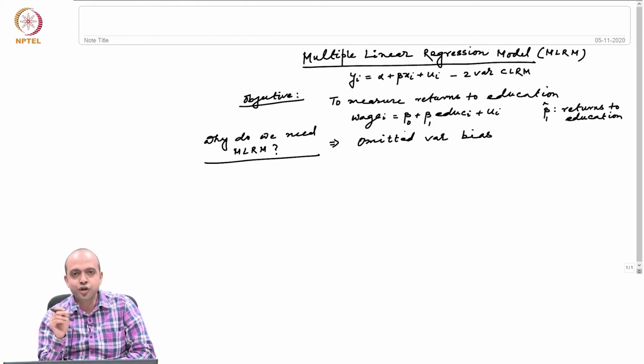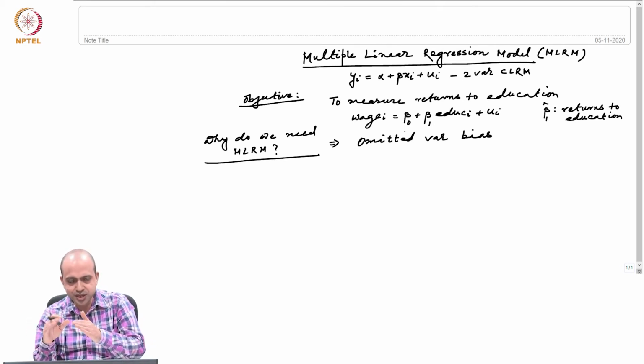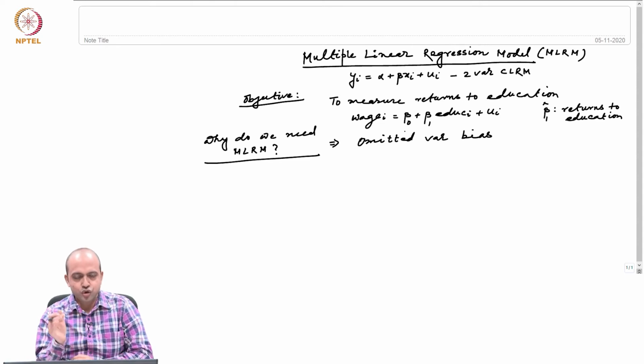For example, if the scientist's objective is to estimate the impact of temperature on gas volume, in the laboratory setup the scientist will keep the impact of pressure and other factors constant, because that is a controlled environment. Natural or pure natural experiments are conducted in a controlled environment.